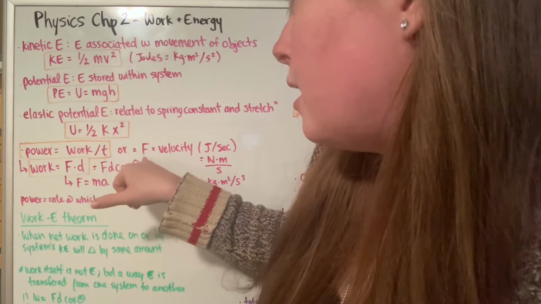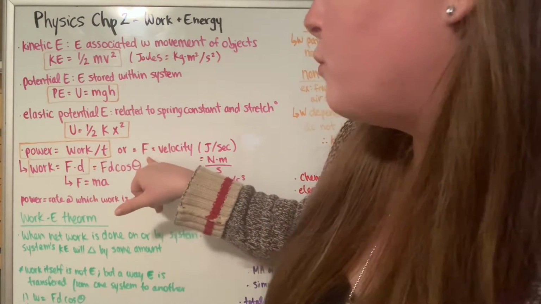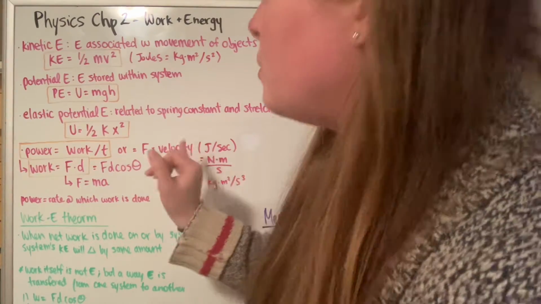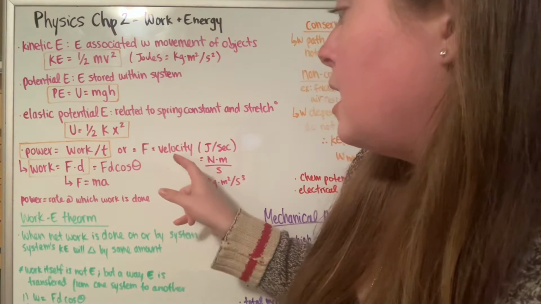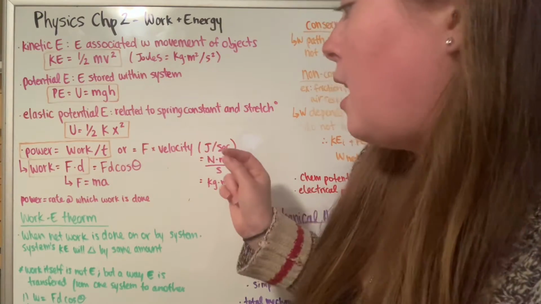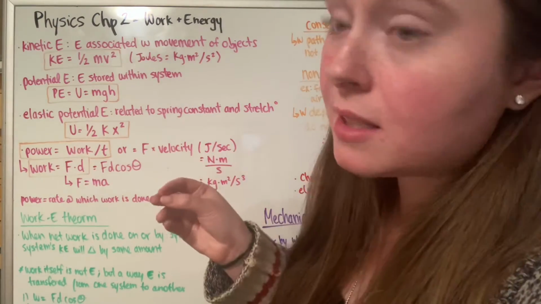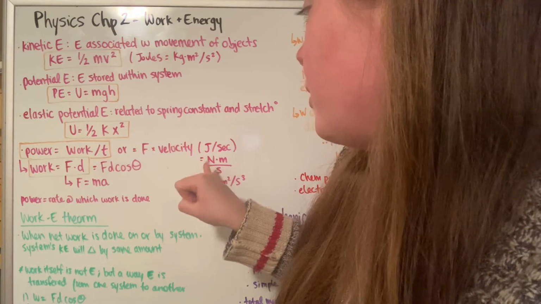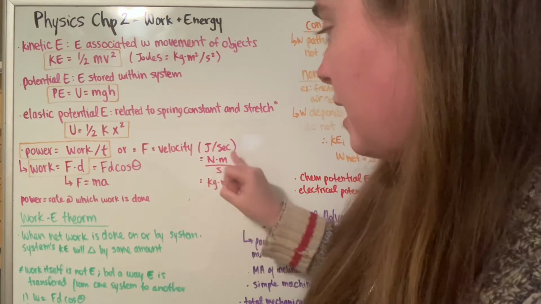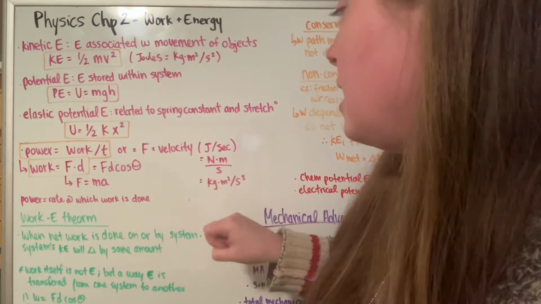Power is the rate at which work is done. Power can also be found by this formula here, which is force times velocity, and the units for this is joules per second. It can also be watts. Also joules, newtons times meters, and then, as this part of the formula says, over seconds.